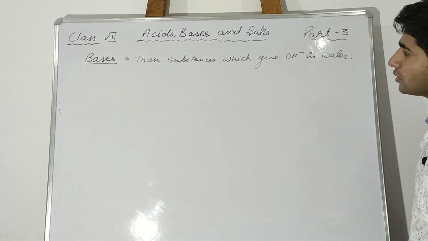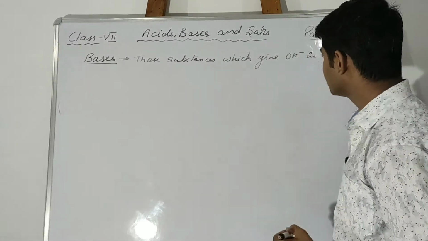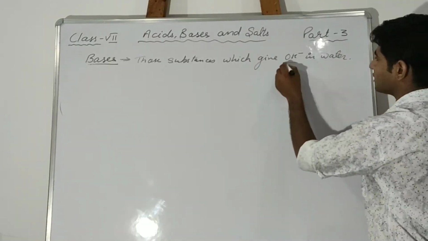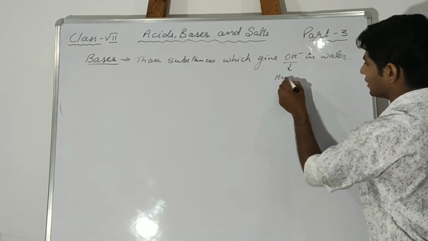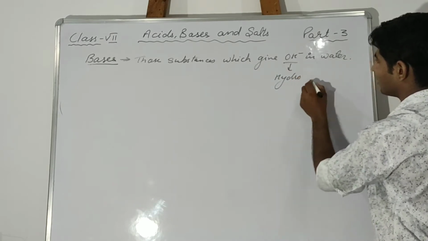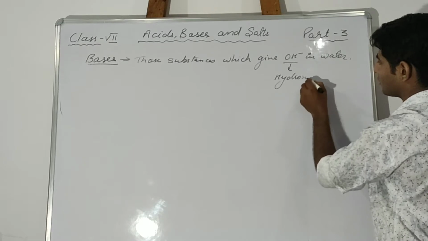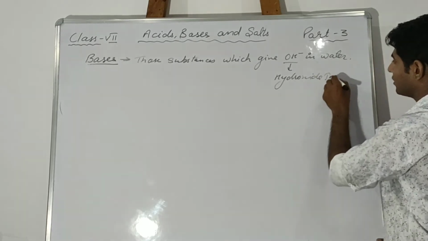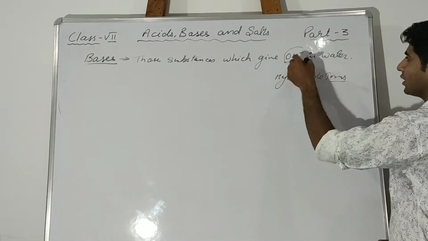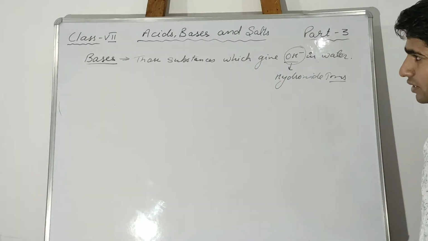So when we dissolve that base in water, they will give OH negative ion. That means they will give hydroxide ions. OH negative ions is known as hydroxide ions.